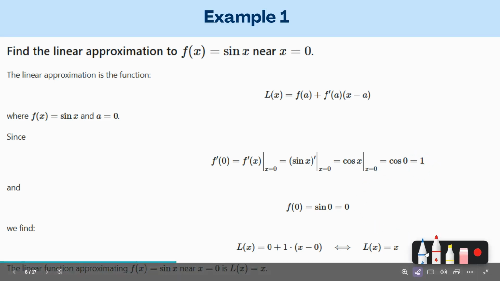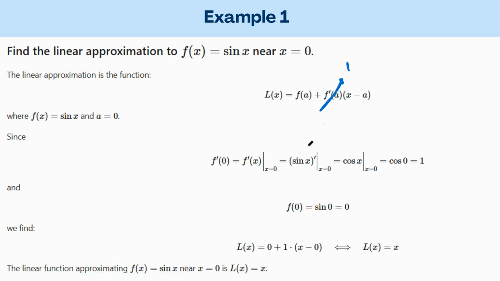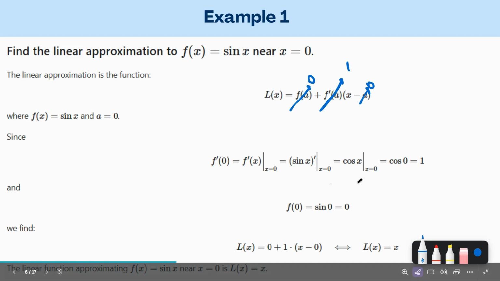So here we set the slope to 1. And f of 0, which is sine of 0, equals 0. So we set this to 0. And as long as a equals 0, the tangent line equation at point x equals 0 is only L of x equals x.